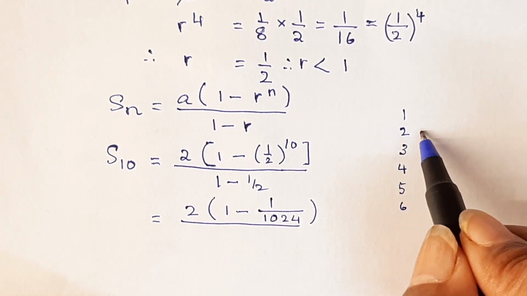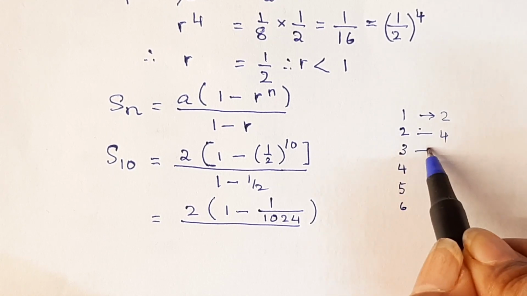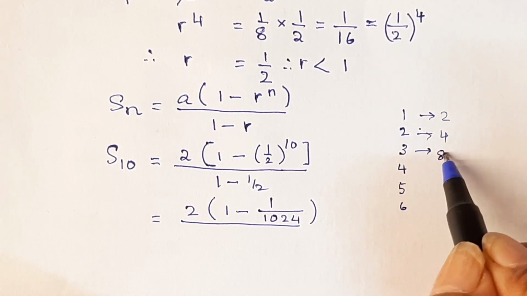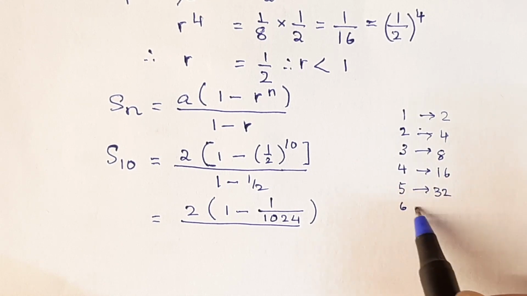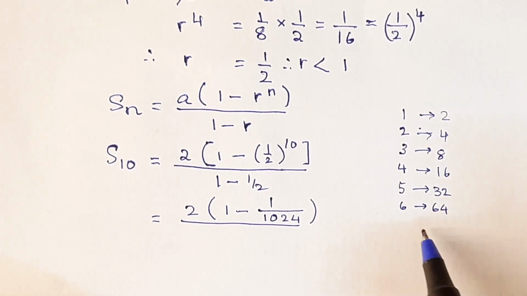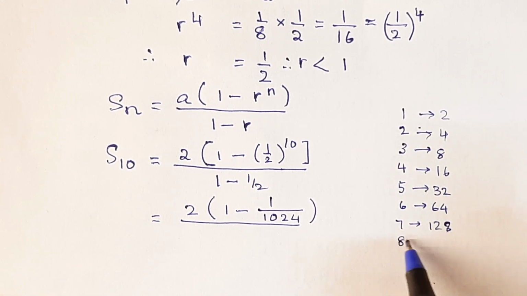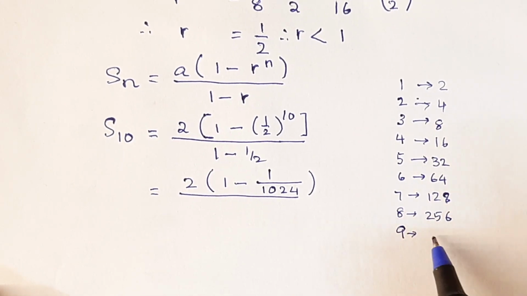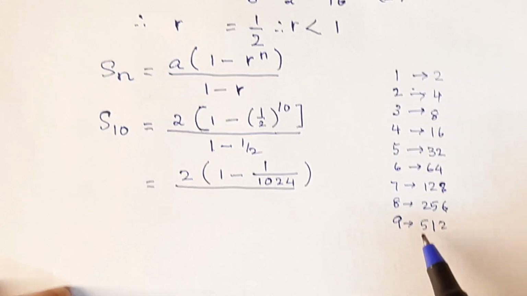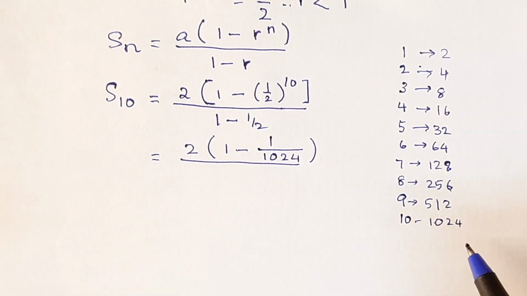I think I'll just write here. 2 to the power 1 is going to be 2, 4, then we have 4 2's 8, 16, 32, 64. Are you getting it? The 7th power will be double of that, 128. The 8th power is going to be 256, which is double of this. Then we have the 9th power, which will be 512, which is double of this. And the 10th power will be double of this, 1024.